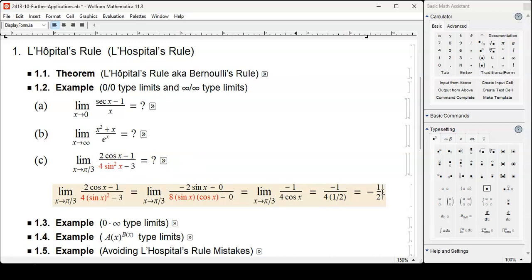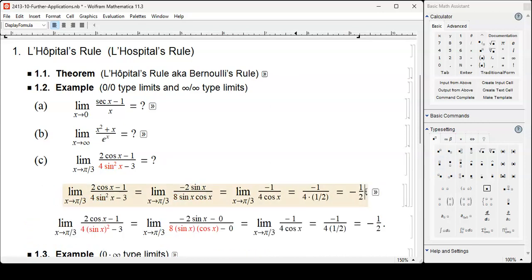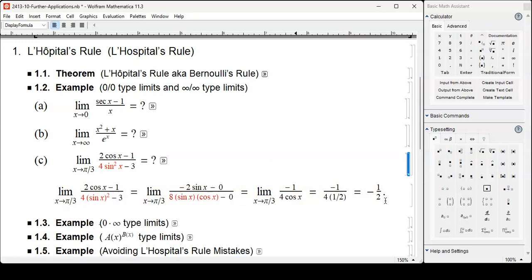And of course, make sure you check whether this is 0 over 0 type or infinity over infinity type at this step 1, because it may be something else. L'Hopital's rule does not work for other kinds of limits. Here's the answer key and the very same computation. You can see that. This one looks a little bit better with color coding.